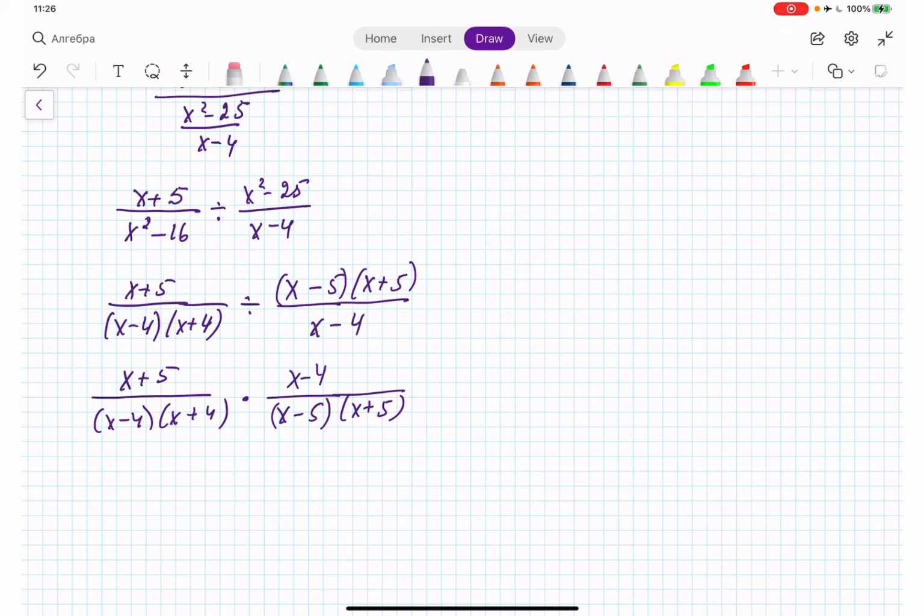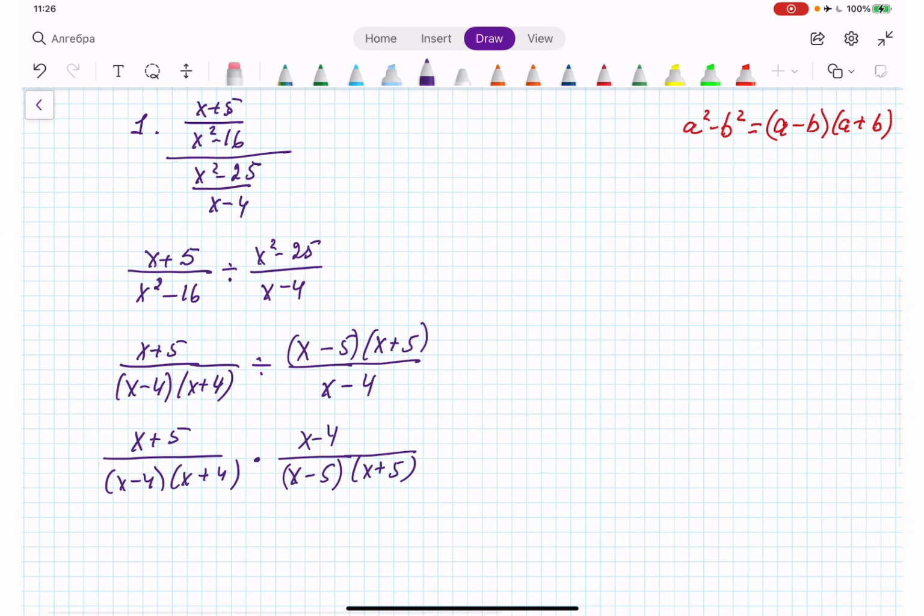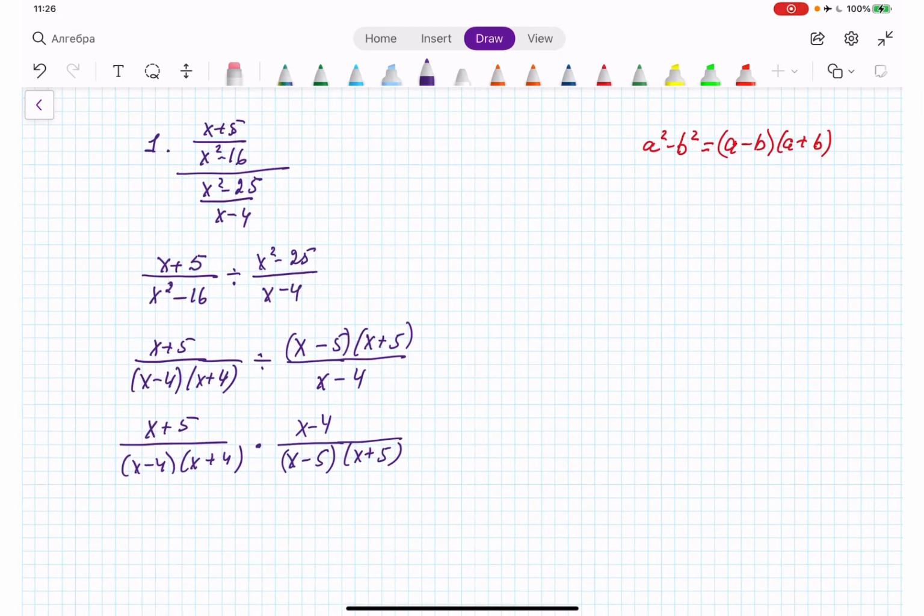Before I go further, I would like to mention that when you are doing rational expressions, you have to watch out for the denominator not to become 0. This fraction is our numerator, and this fraction is our denominator. Therefore, we have to watch out for the denominator not to become 0.